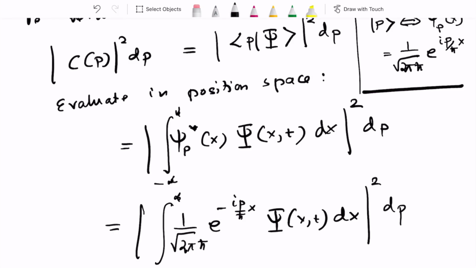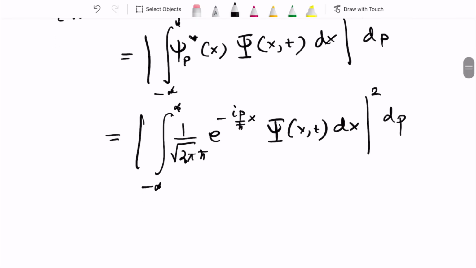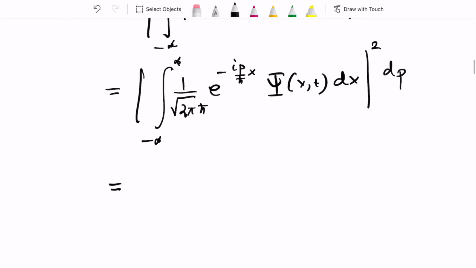Squared, dp. Now let's look at this integral carefully. What does this remind us of? You have a function psi, just forget the t dependence, you have the function psi of x, and you are multiplying it by 1 over square root of 2 pi h bar and e to the power of minus i p over h bar x. So this is exactly a Fourier transform, right? What we're getting over here is just the Fourier transform of the position space wave function, and we have seen this before. This is nothing but the momentum space wave function.